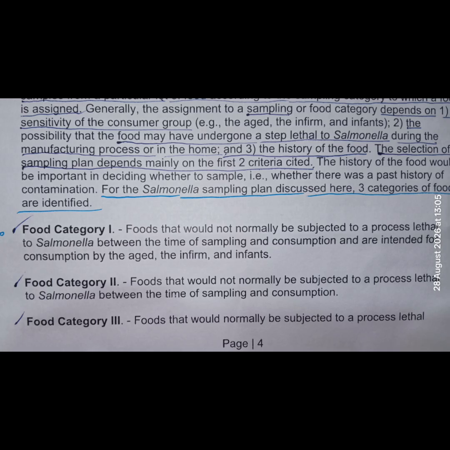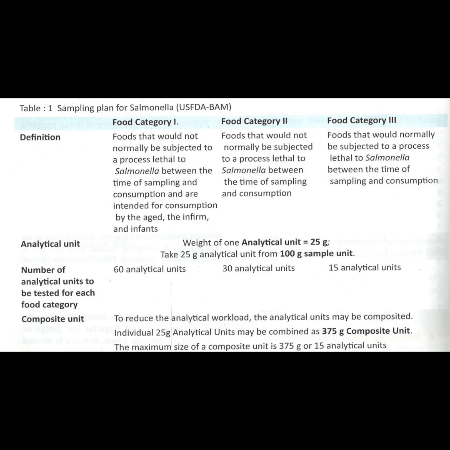Food category 1: foods that would not normally be subjected to a process lethal to Salmonella between the time of sampling and consumption, and this is intended for the old age group, infants and immunosuppressed ones.